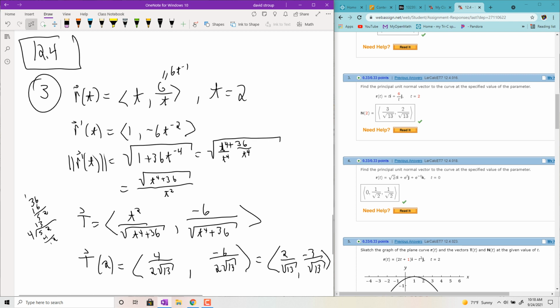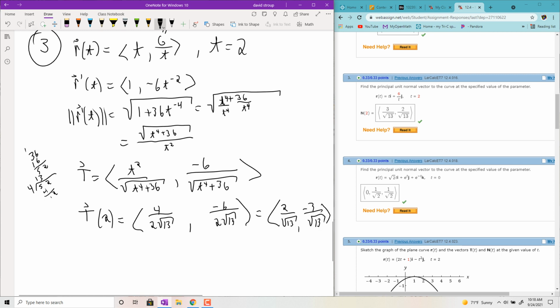Okay, so to get the principal unit normal vector, I have to basically look at the graph of r of t. So looking at the components, x is t, y is 6 over t, so y must be 6 over x. And I could do a little graph. So it's one of these rational functions.